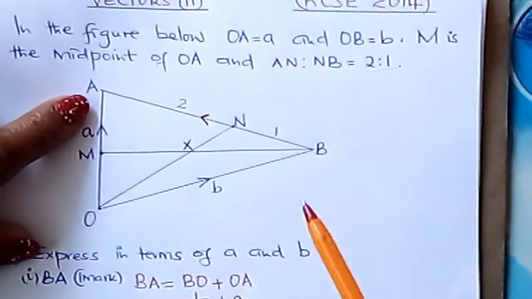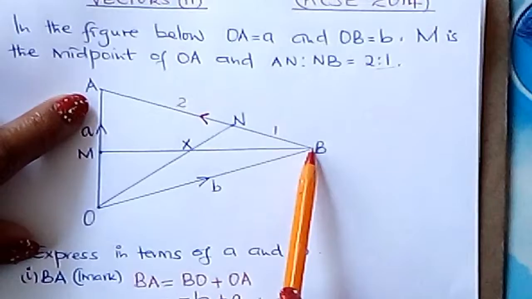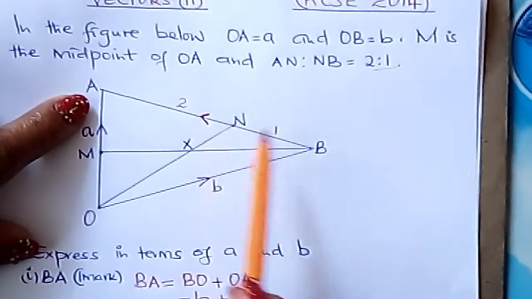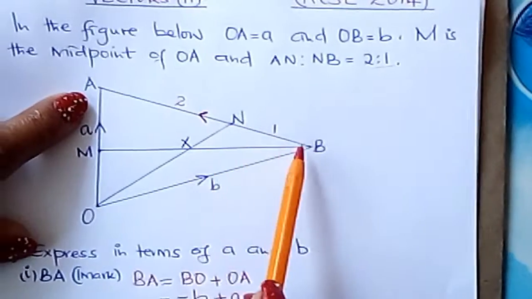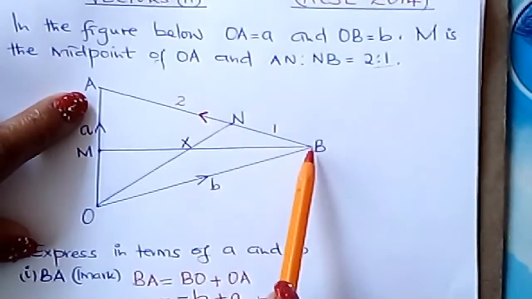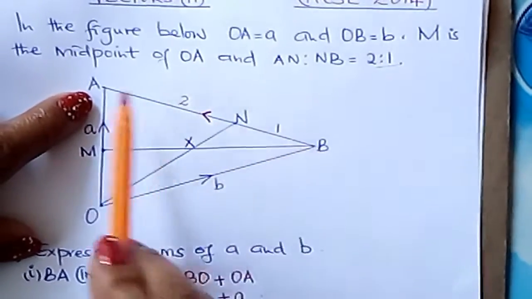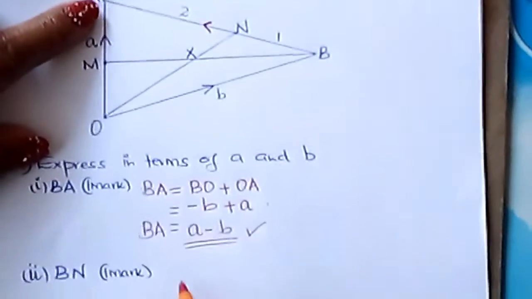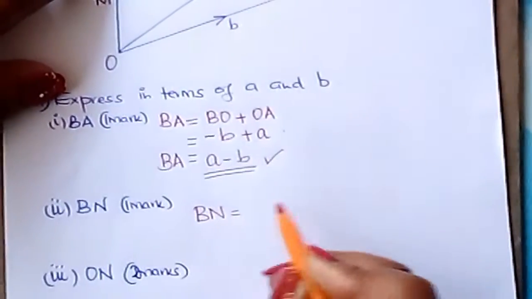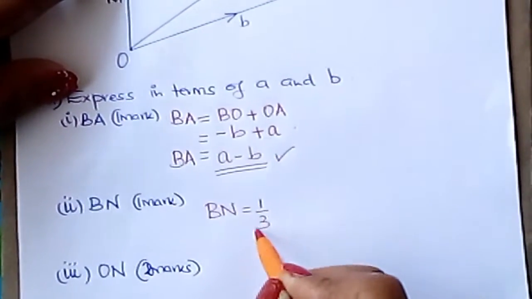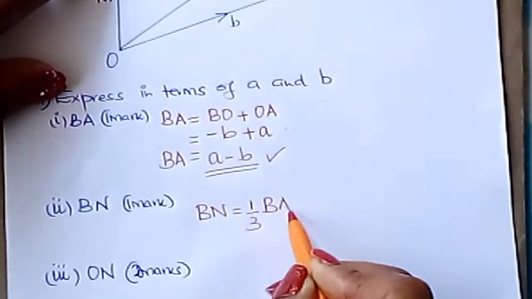What fraction is it? Vector BN is 1 out of 3. Look at that, 1 out of 1 plus 2 gives you 3. So we come and write that vector BN, learner, is 1 out of 3 of BA.